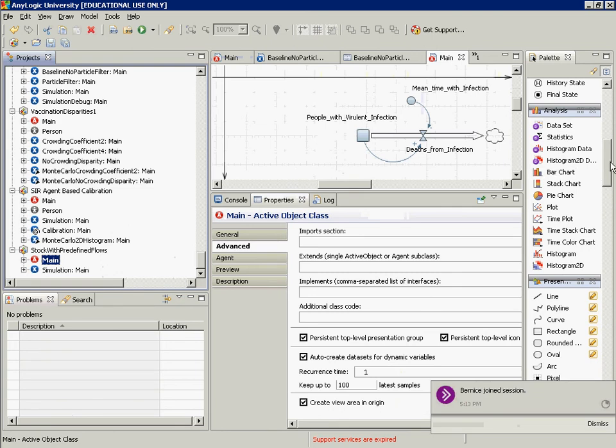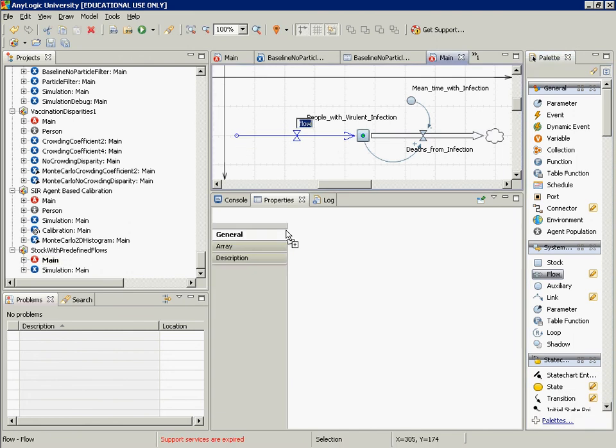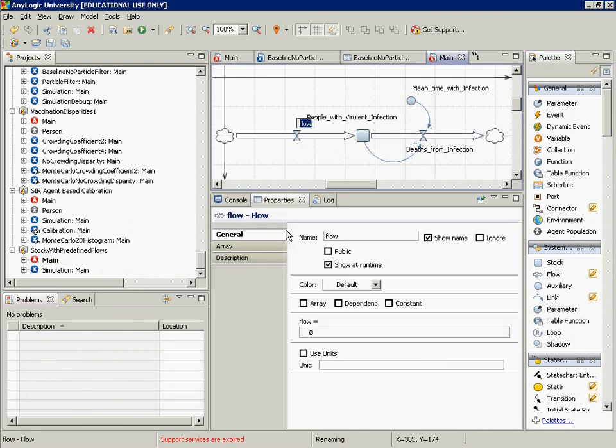Yes? Add one of the flow arrows going into the left side. Very good. So I use this palette, and I could add a flow. Okay. So I will call this infection incidence.